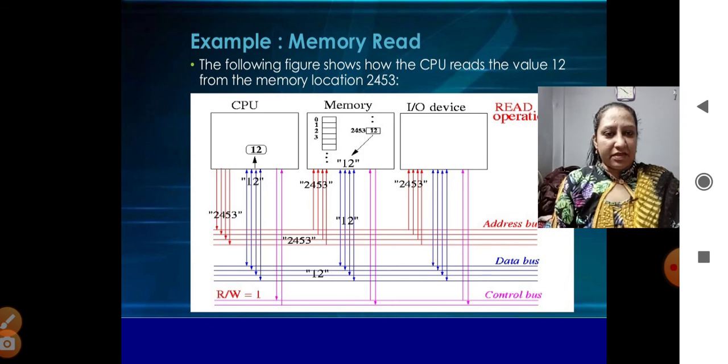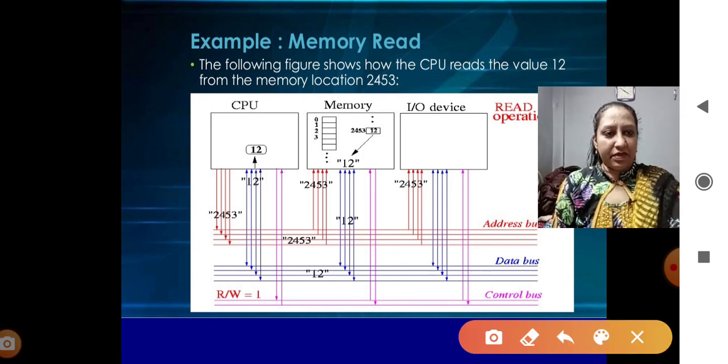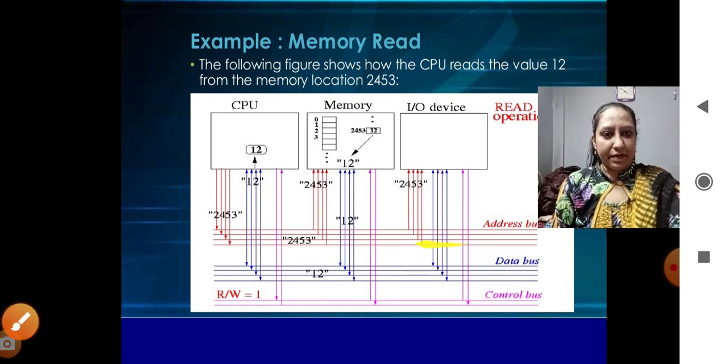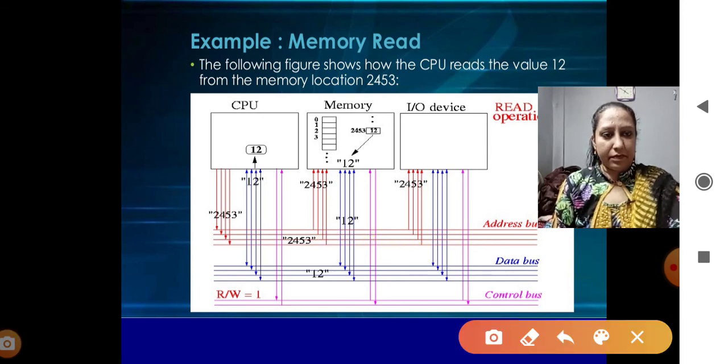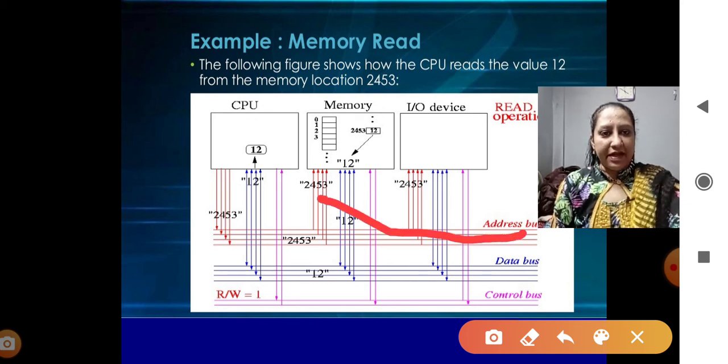The data bus is indicated with the blue color. Let me give the diagram so that you get the idea. See the address bus. What is the address bus responsible for? The address bus is responsible for fetching the address 2453, which is indicated with the red color everywhere.